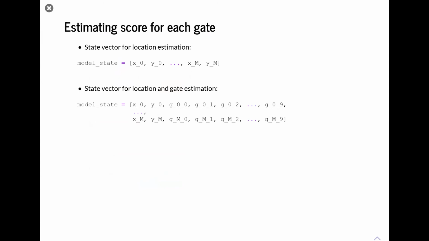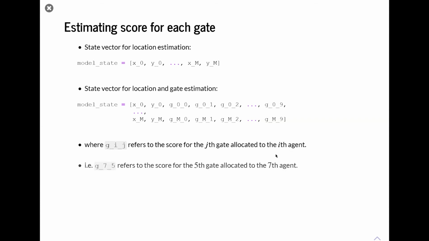The second idea that I had would be to just estimate a score for each gate. Again, we'd have this original model state, which was X and Y locations for each agent, and we'd add a score for each of the gates, for each of the agents. So here we'd say Gij refers to the jth gate for the ith agent, and that would be a score pertaining to the jth gate for the ith agent.